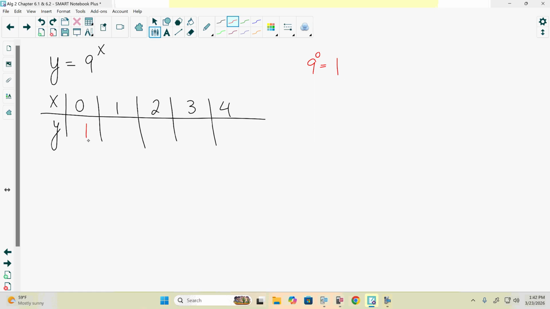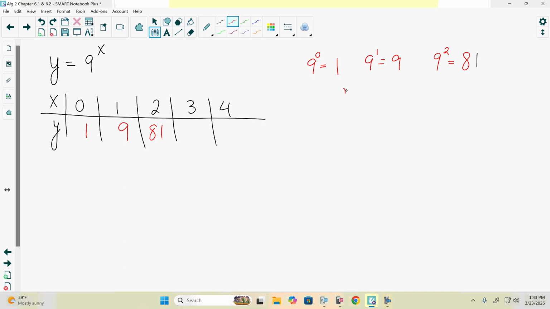Anything to the 0 power is 1. 9 to the first is just 9. So really, we increase the value of x by 1, corresponding y values increase by 8. Now when x is 2, 9 to the second power is 81. So now we've increased by 72. The x is still increased by 1, but now the y increased by 72.